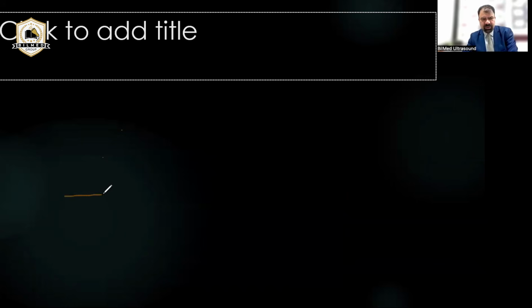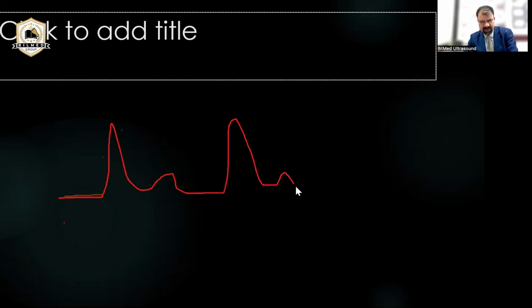Now see, when you see any type of flow, this is systole, this is diastole, then there is again systole, and this is diastole. The uterine artery looks like this.